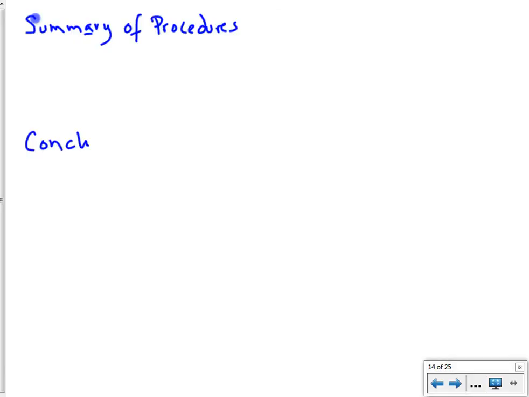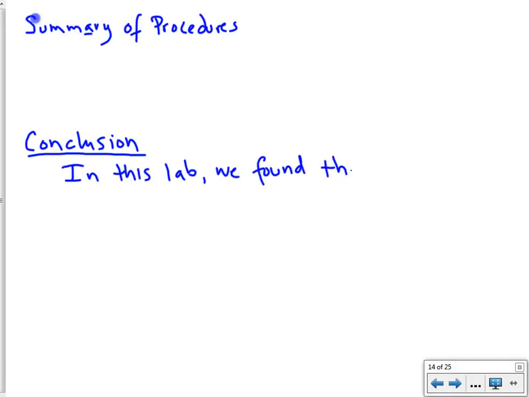We're going to follow that up with a conclusion statement. And in this conclusion, I would ask that you write these words, and you can just fill in the numbers as you found them. So you can say, in this lab, we found the percent abundance.